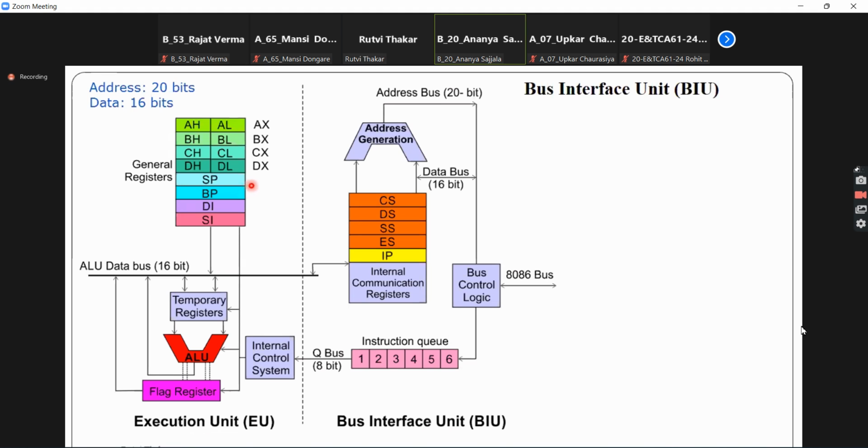No, ma'am. So here in 8086, there is a provision that the AX register is split into 2 registers, AH and AL. Similarly, B, C and D are also divided into BH, BL, CH, CL, DH, DL.